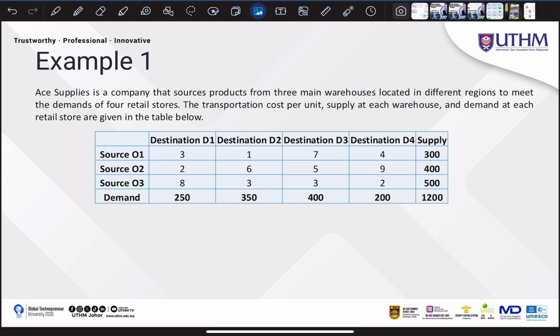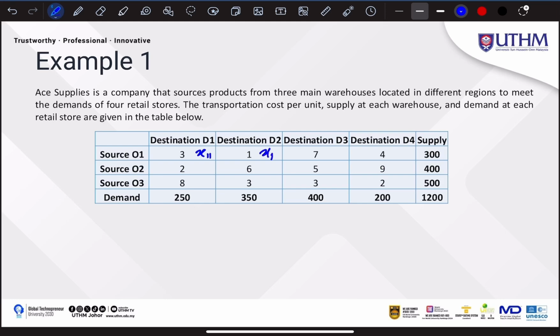So what is the first step? The first step is to label what our variables actually are. The variable here that we need to figure out is the number of units to be sent from every source to any of the destinations. So we look cell by cell. The first cell, let's say, we represent as X11: 1 for source 1, 1 for destination 1.